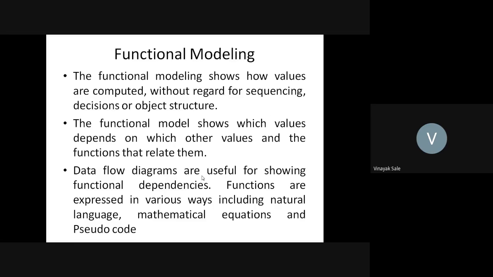So the second last part of this chapter is functional modeling. The functional modeling shows how values are computed without regard for sequencing, decisions, or object structure. The functional model shows which values depend on which other values and the functions that relate them.